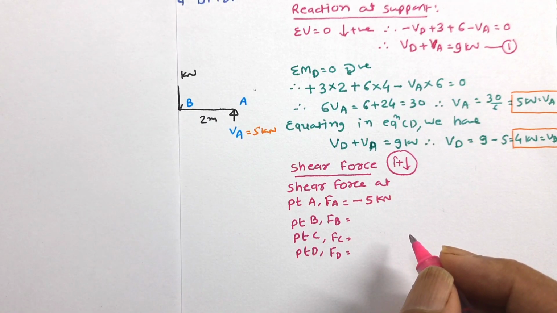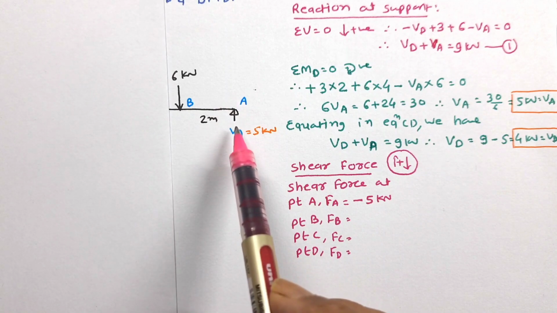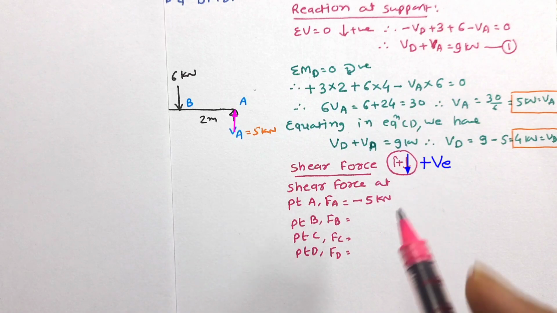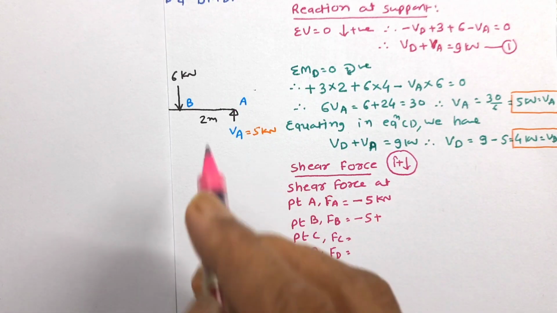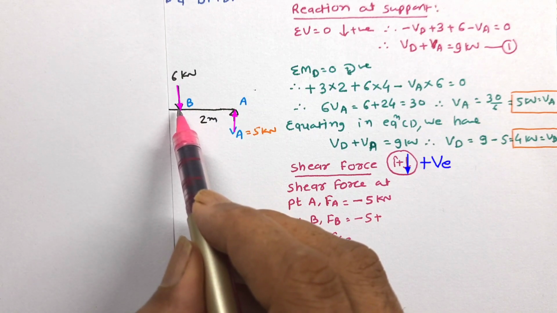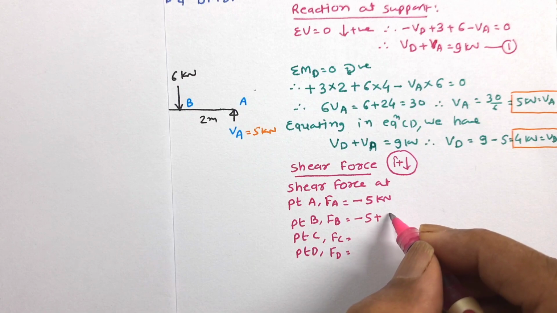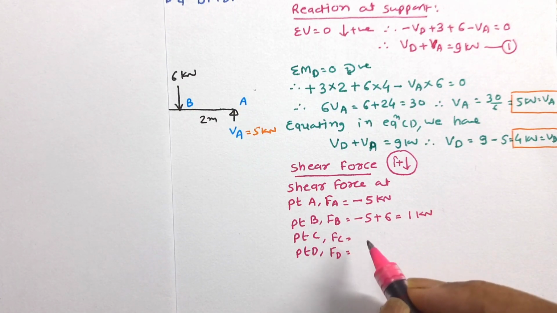Moving ahead, at point B, on the right side of it, two forces are there. So Va is in upward direction, so it will be negative. And at point B, 6 kilonewton point load is applied in downward direction, so it will be positive. So there is 1 kilonewton shear force at point B.